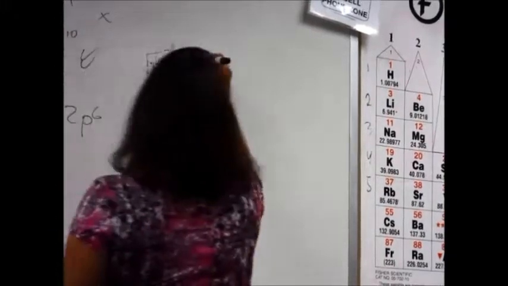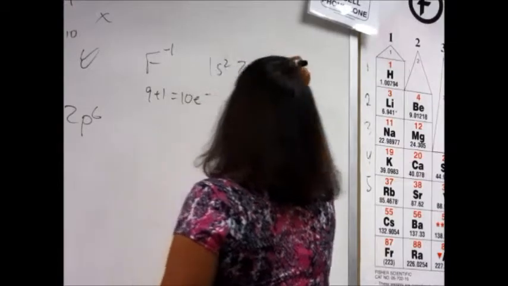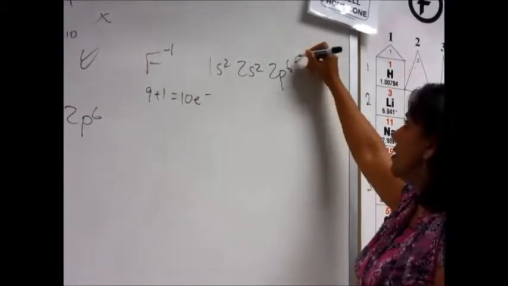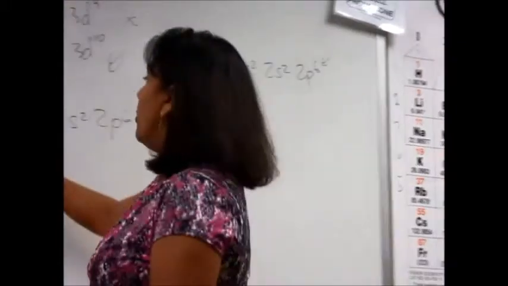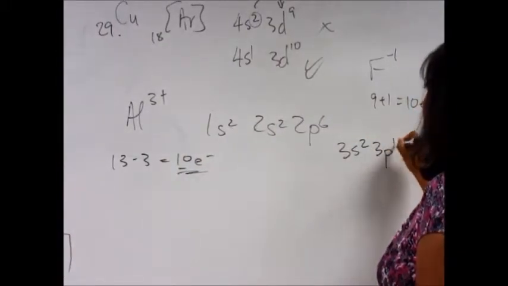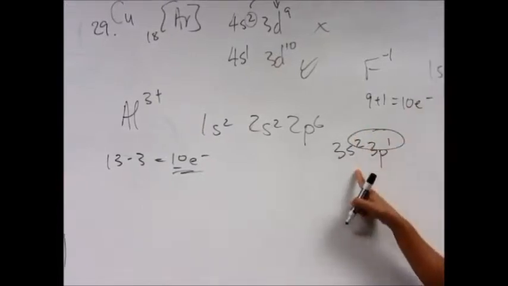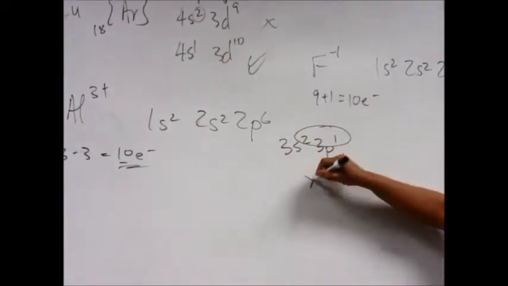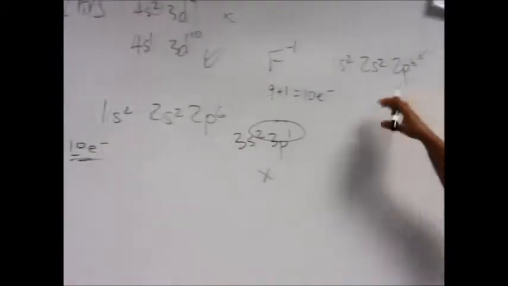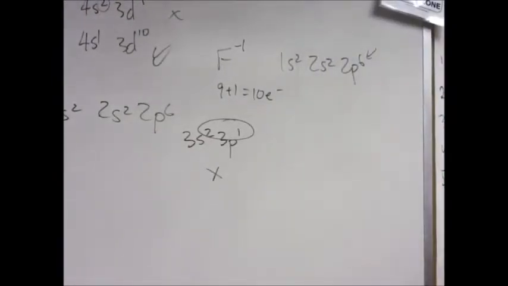So again, this is 1s2, 2s2, and then 2p6. So this is where the electron went. And for aluminum, the 3s2, 3p1. These 3 electrons were the ones that were gone. That's not there anymore. And then here for anions, you fill in the last ones.